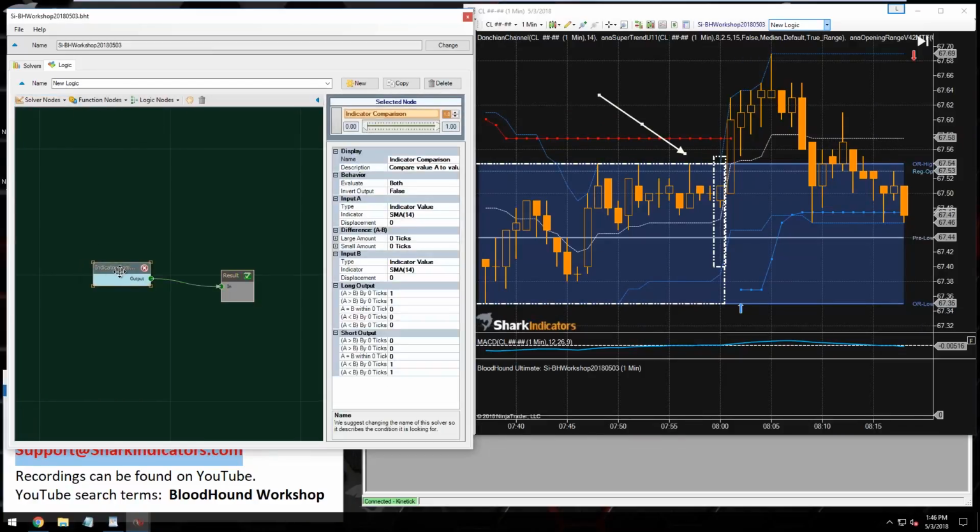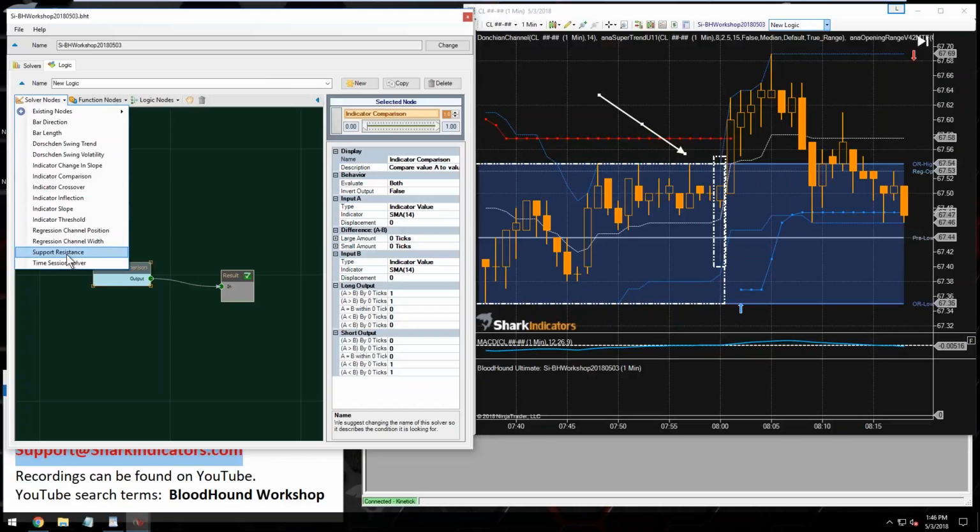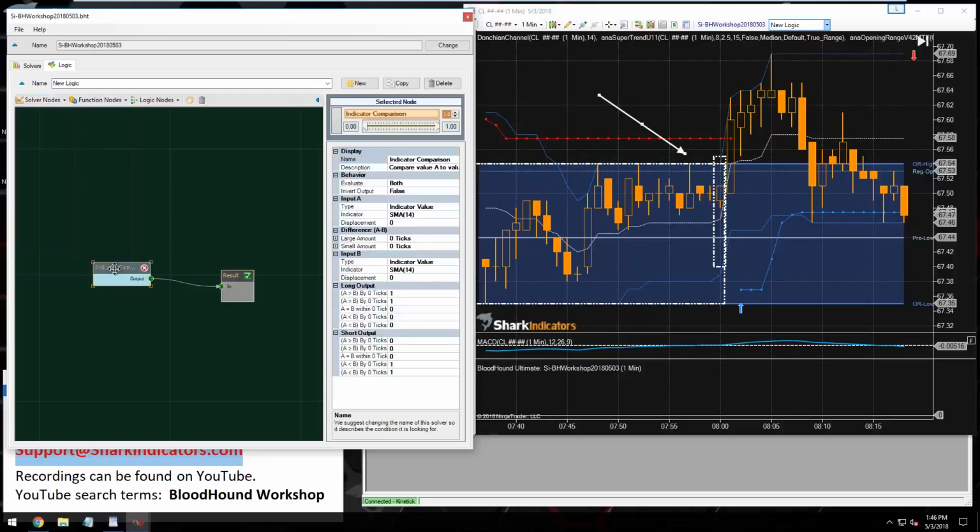I'm wondering if I want to use a comparison solver or a support resistance solver. There are usually two ways you can approach building a condition. I'm going to stick with the comparison solver. It's a lot simpler to deal with.